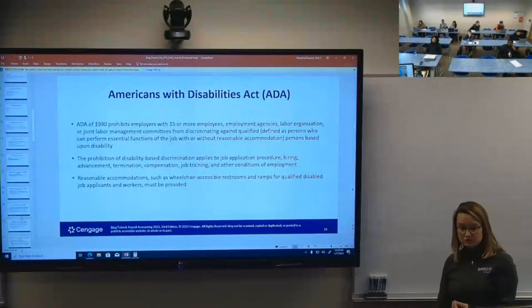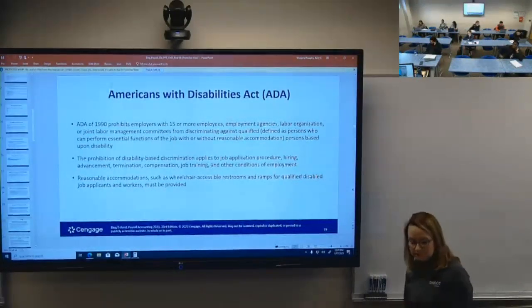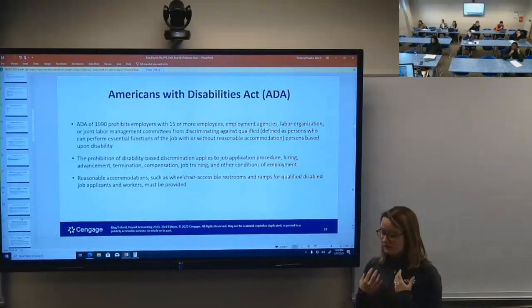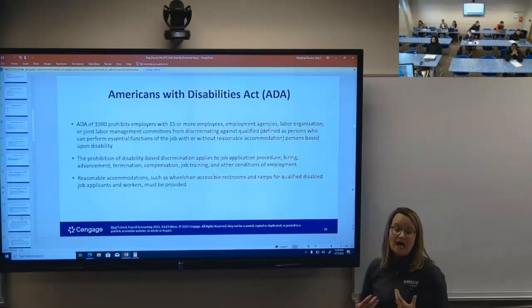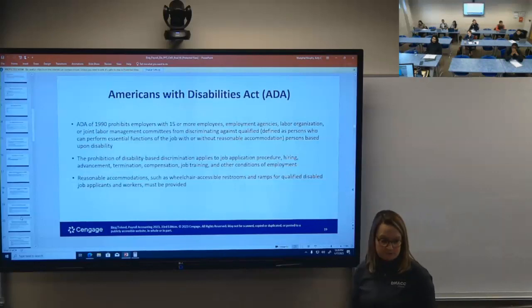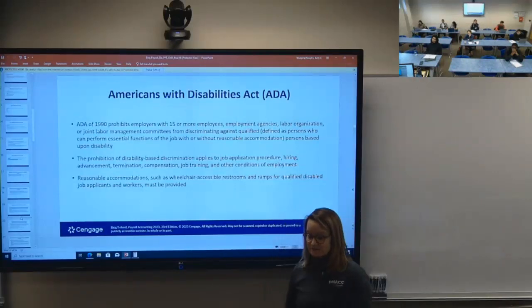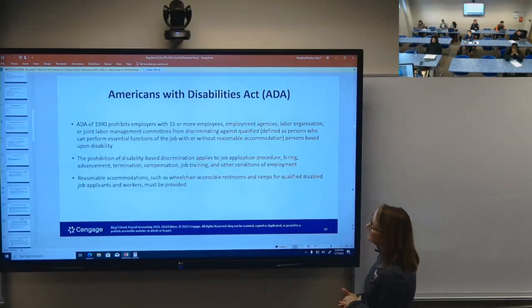Again, of course, there are going to be restrictions on it. If the disability makes the individual ineligible, really unable to do the job. For example, somebody who is legally blind applying to be a bus driver, that is a justifiable restriction.